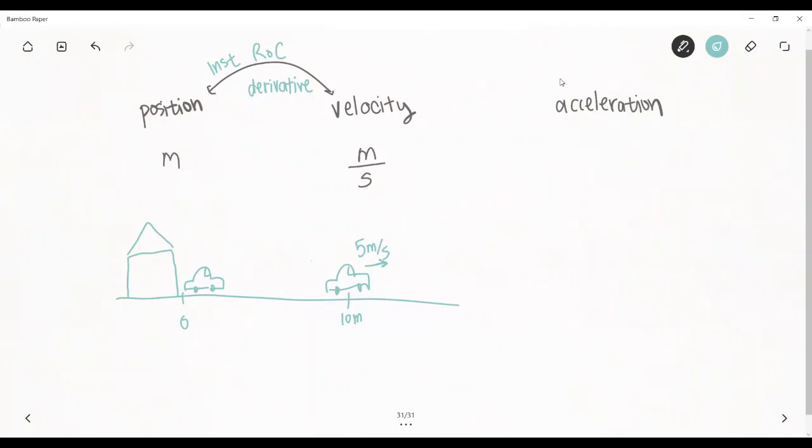So at some later point, maybe you're going at 15 meters per second, right? You sped up.